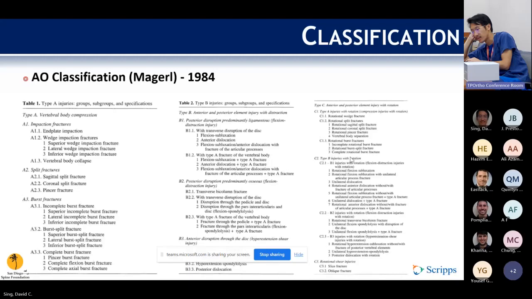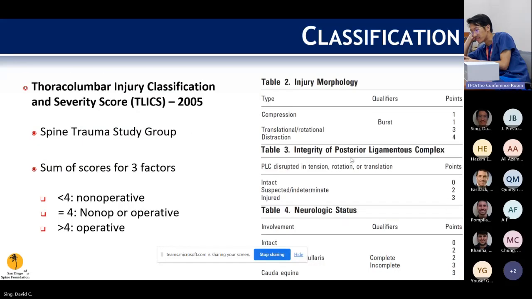And it goes from stable to unstable, with the A's being just compression fractures with different variants of where the fractures enter and exit, and then the C's being complete three-column injuries with rotational or translational components, and then B is the in between with distraction components or disruption of the posterior components.